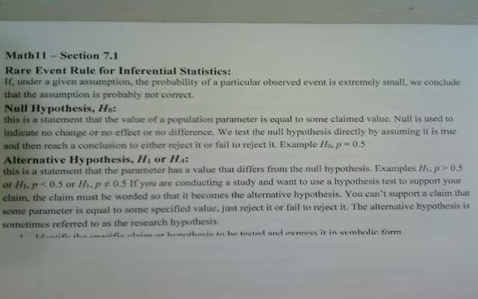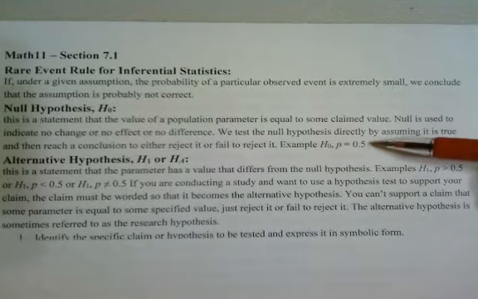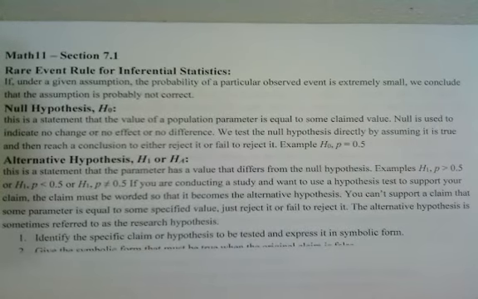For example, we might say that P is greater than 0.5, or P is less than 0.5, and these are different from the one in which we were saying P is equal to 0.5. We might even say that P is not equal to 0.5. Any of those alternatives to the null would be examples of an alternative hypothesis.